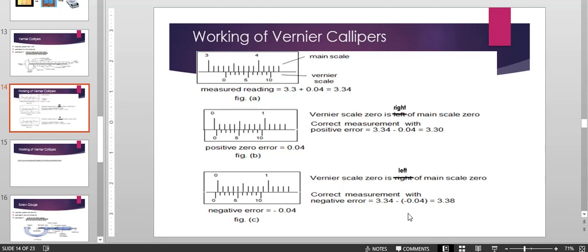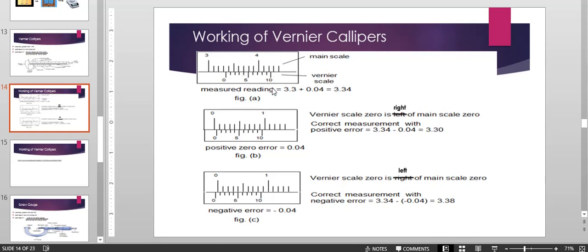Let's find out the main reading by placing an object in the jaws of the vernier caliper. Suppose the reading is 3.34. How? Suppose the zero of the vernier scale has passed 3.3 centimeter on the main scale, and line number 4 of the vernier scale is in contact with a line on the main scale.